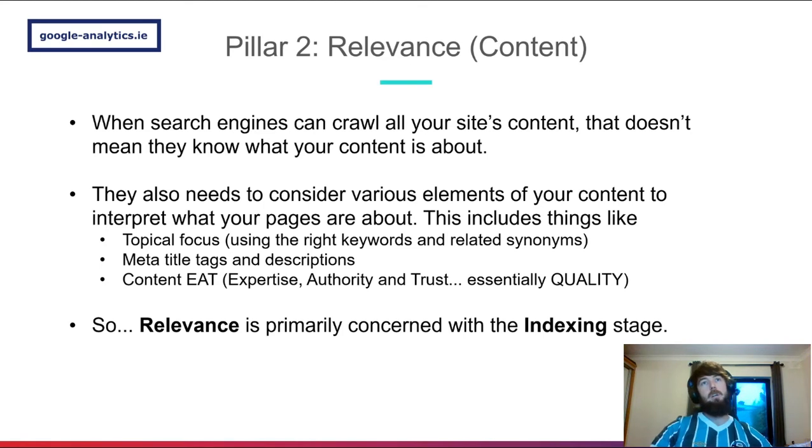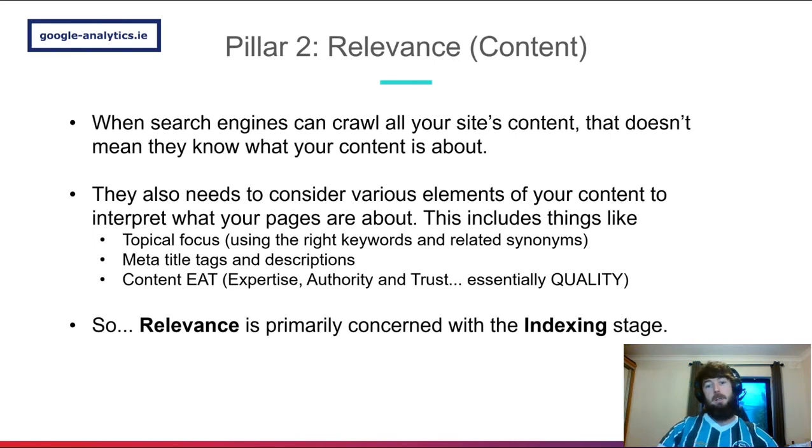The second pillar is relevance, and this is all about the content on your website. So when search engines can crawl your website's content, that doesn't mean that they know what it's about. So they also need to consider various elements of your content to interpret what your pages are about. This includes things like the topical focus of your pages. So using the right keywords and related synonyms on each page.